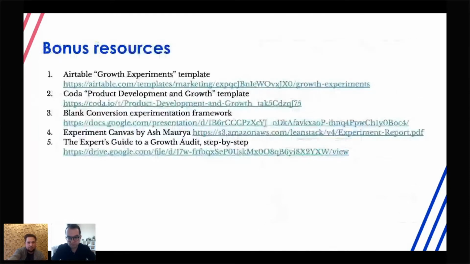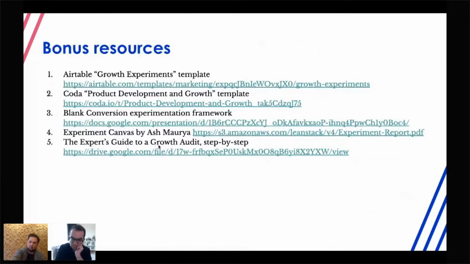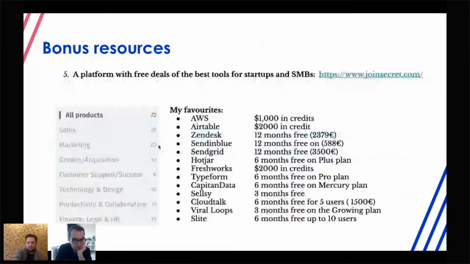I linked here a few bonus resources, like templates for how to measure experimentation, and a very good ebook from Ladder on how to do a growth audit step-by-step. And here's also a platform for free deals and the best tools for startups and SMBs.